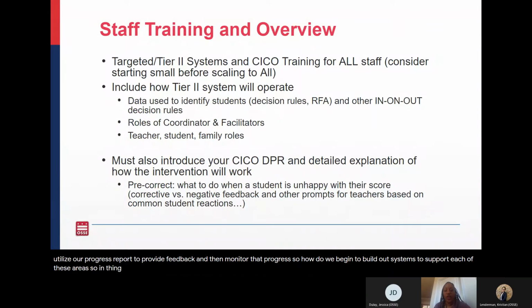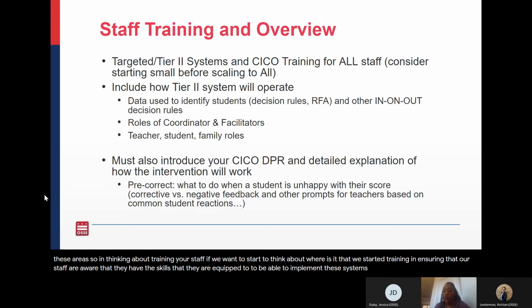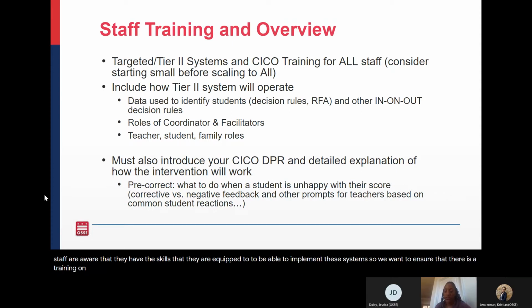So in thinking about training your staff, we want to start to think about where is it that we start in training and ensuring that our staff are aware that they have the skills, that they are equipped to be able to implement these systems. So we want to ensure that there is a training on our tier 2 systems and the check-in, check-out system for staff, right?